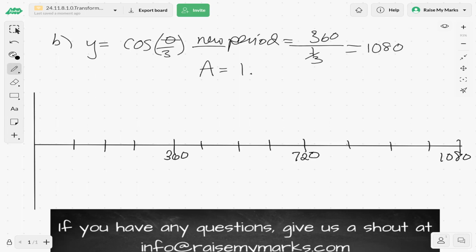Okay, and let's do some labeling. Mark off our max and min values. Okay, let's see what we have here. 360.